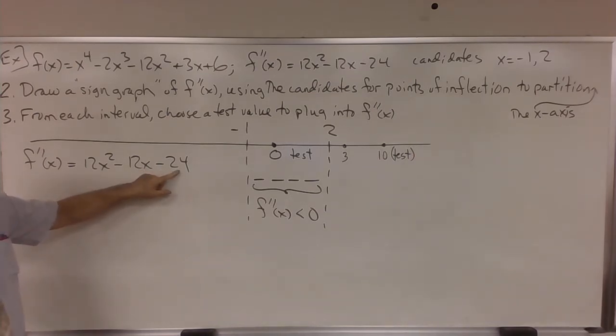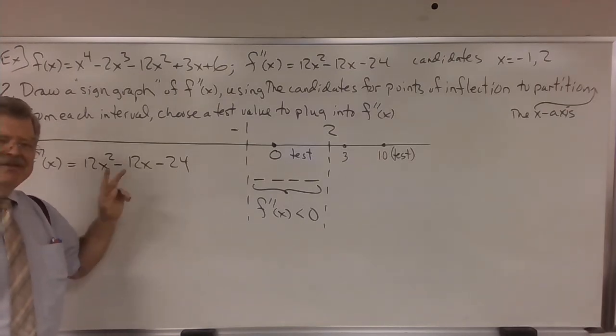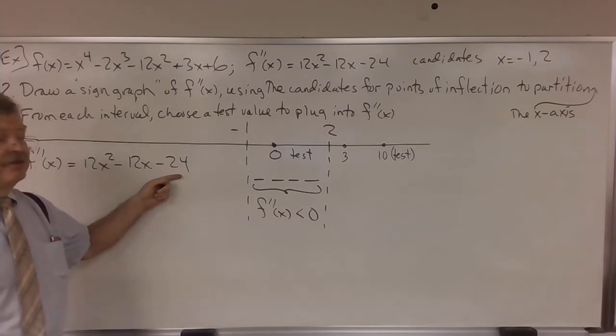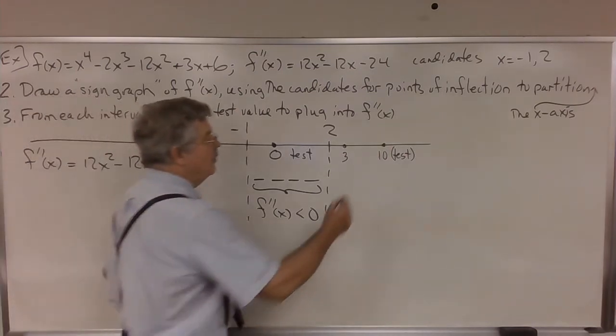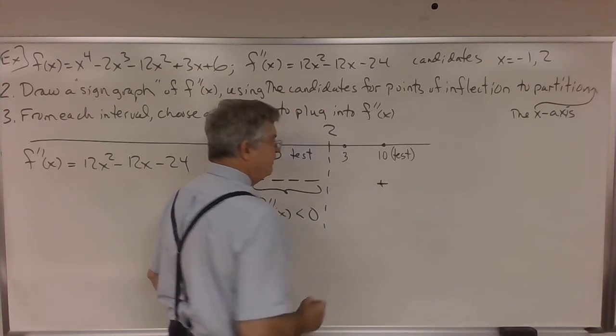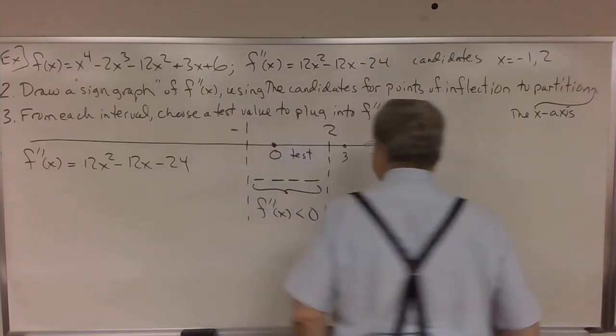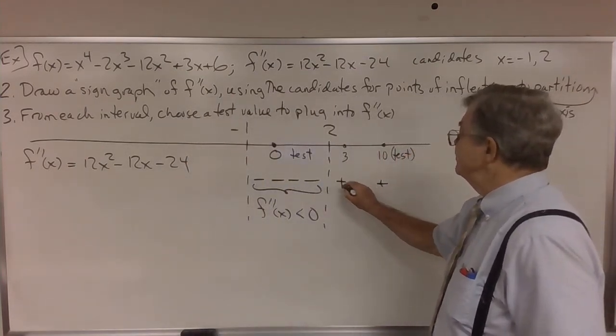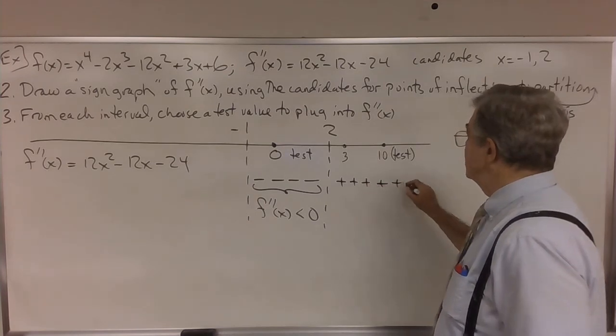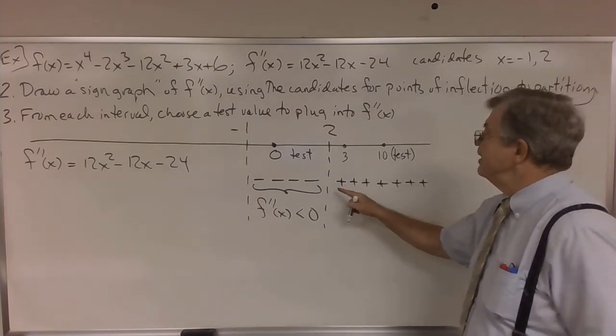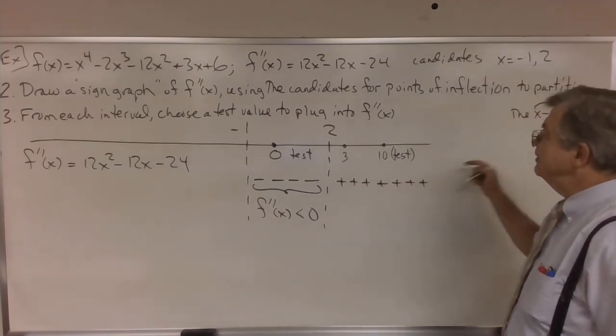Minus 24 is 1056, I guess. Well, whether that's exactly right or not, I'm absolutely sure it's positive. When x is 10, the second derivative is positive. And that means the second derivative is positive throughout the whole interval from x equals 2 to x equals infinity.